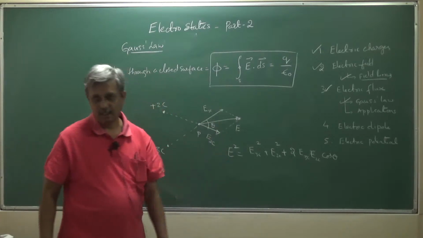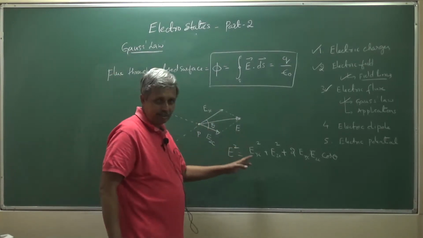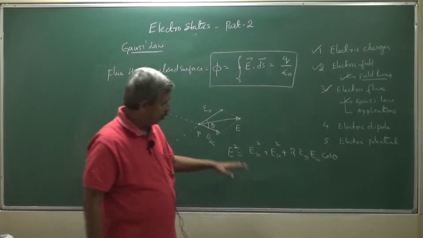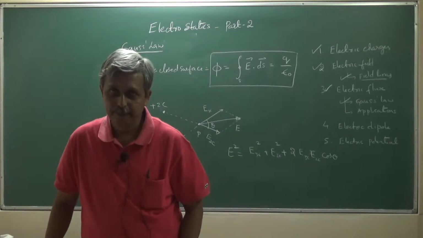This is not the Pythagoras theorem. If the angle is 90 degrees, you can simply use Pythagoras. If it is not 90 degrees, then you have to use this formula.